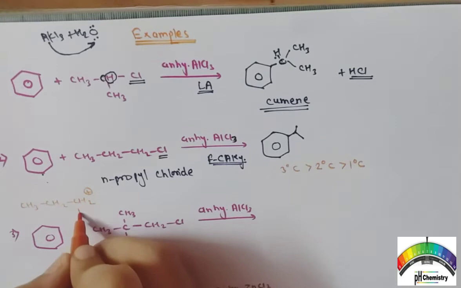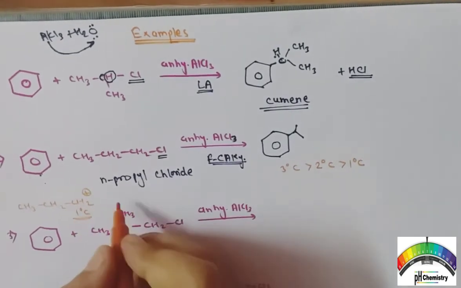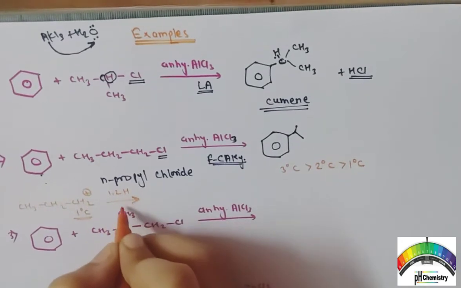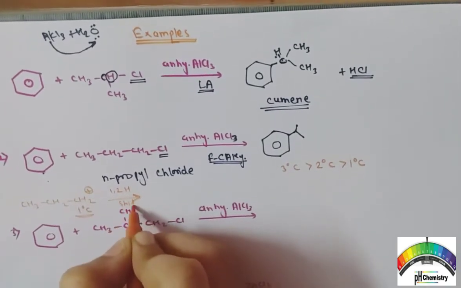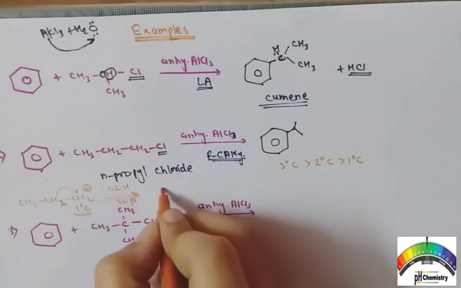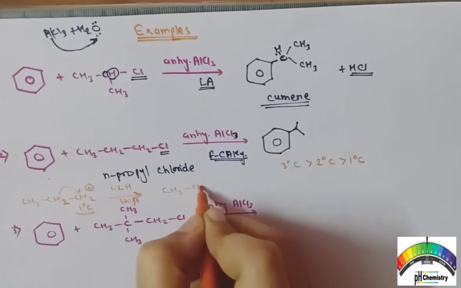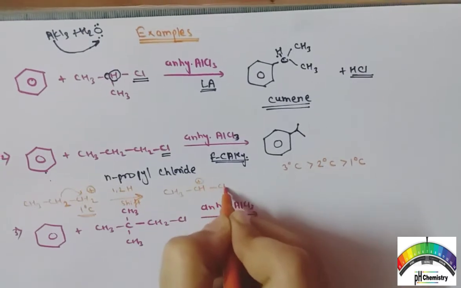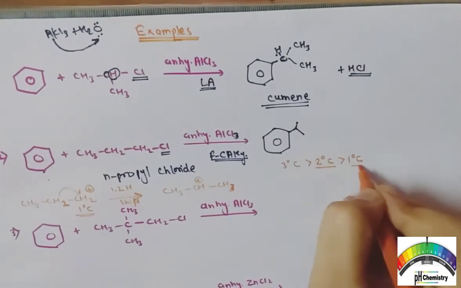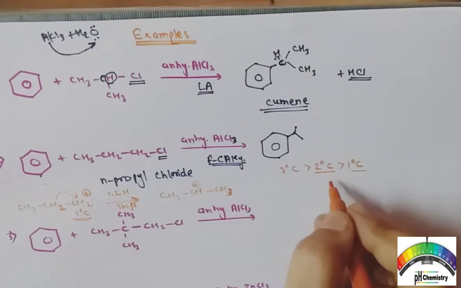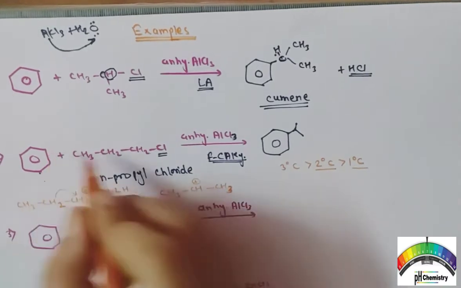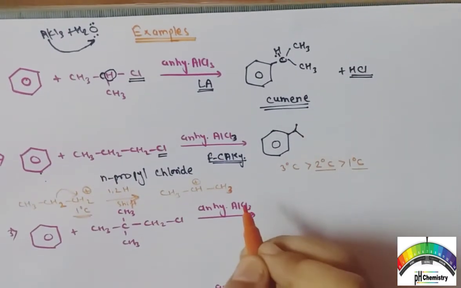This type of carbocation is formed, which is a primary carbocation. Here a 1,2 hydride shift will take place. This hydrogen will shift here, so the secondary carbocation is formed. And as I told you, secondary carbocation is more stable than primary carbocation. Now this carbocation will attack on the benzene ring and this product is formed.